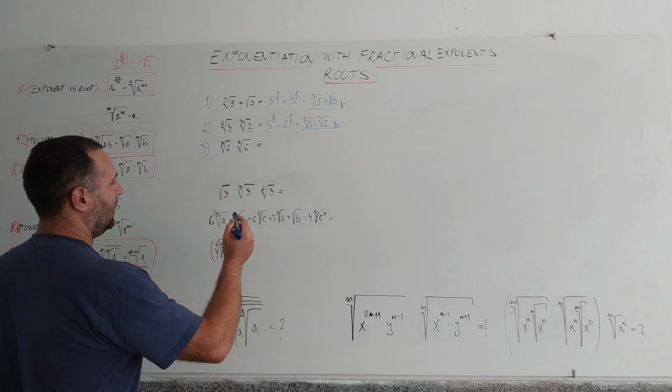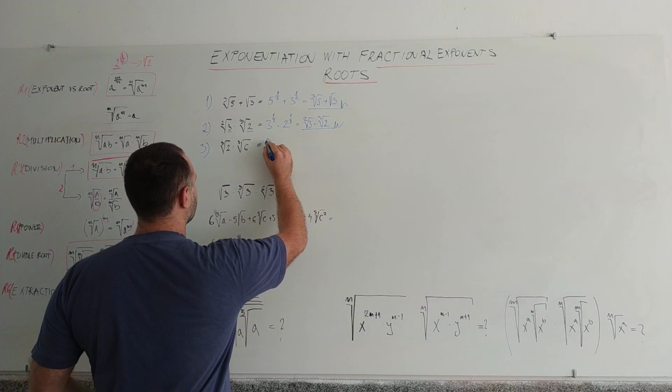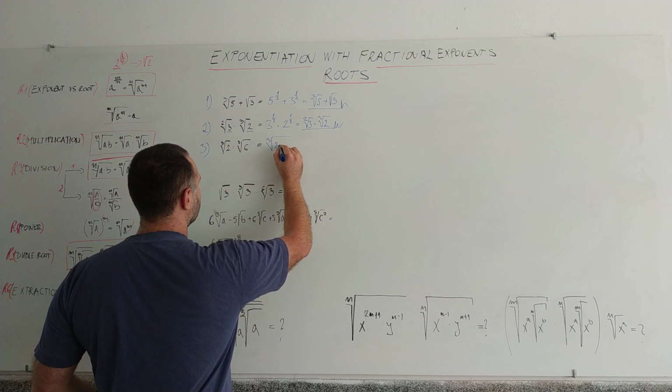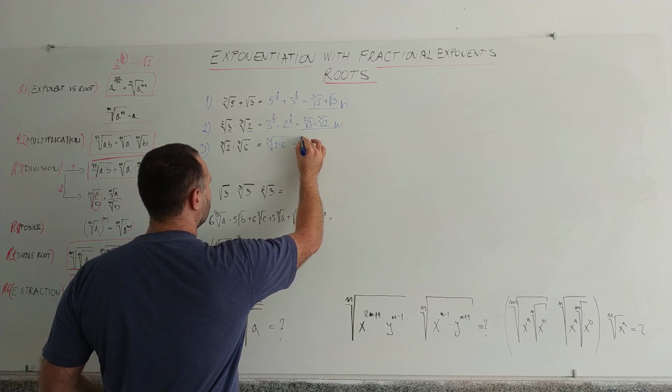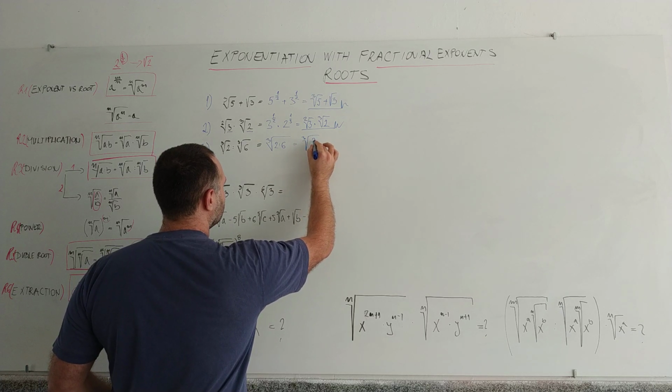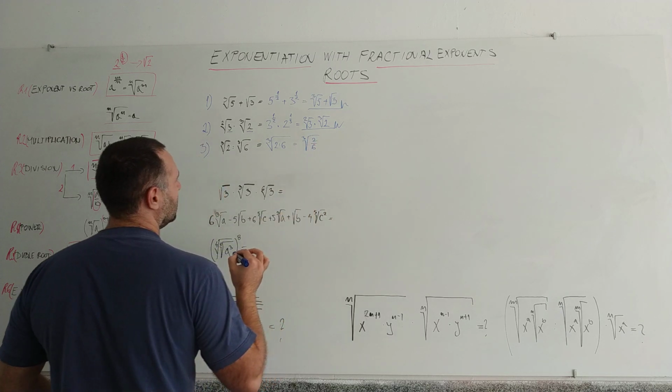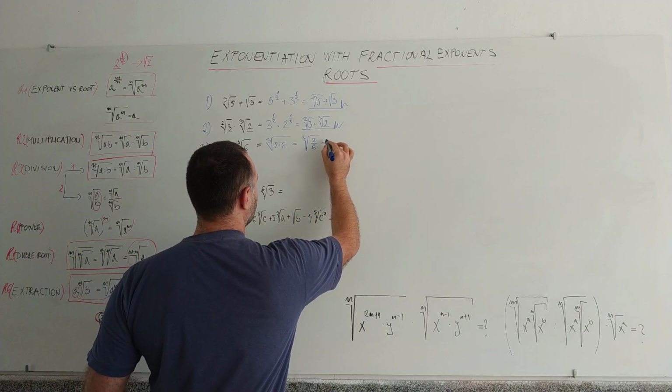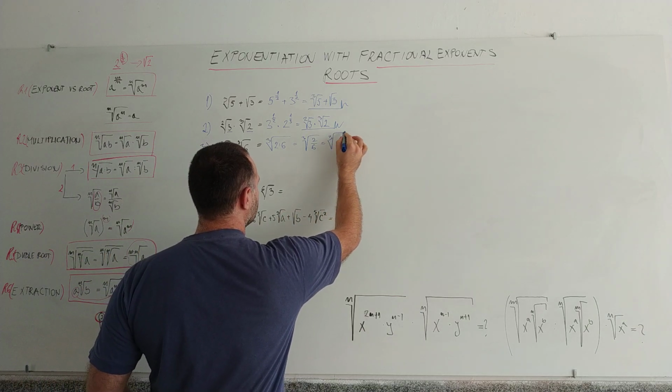Okay, we can write something like this. Third root from 2 divided by 6 equals third root from 2 through 6.